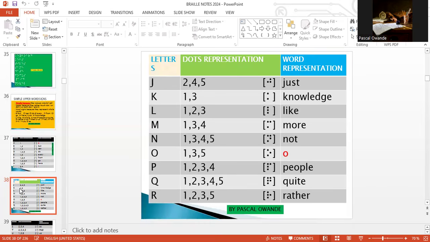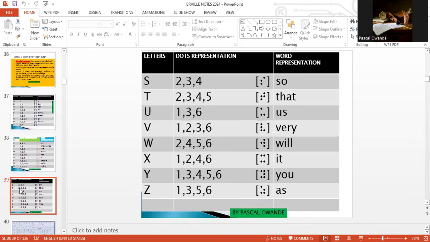The word representation here is rather. Then we have letter S, which is represented by dot 2, dot 3, and dot 4. The word representation here is so.